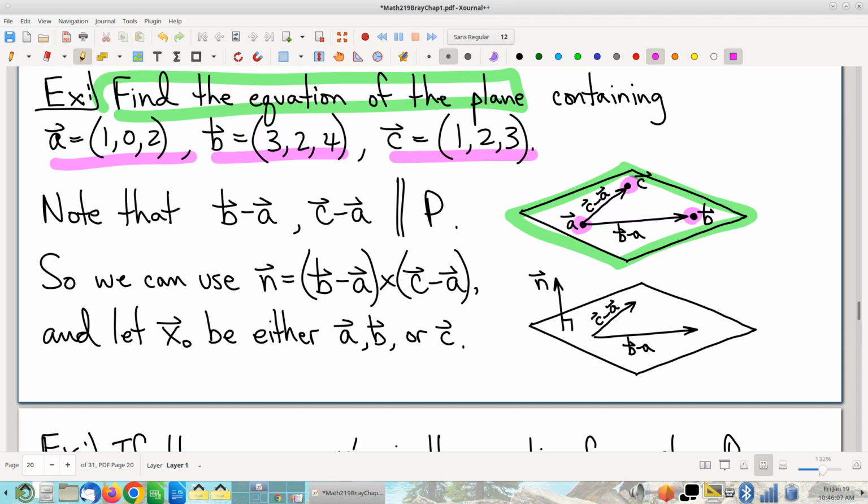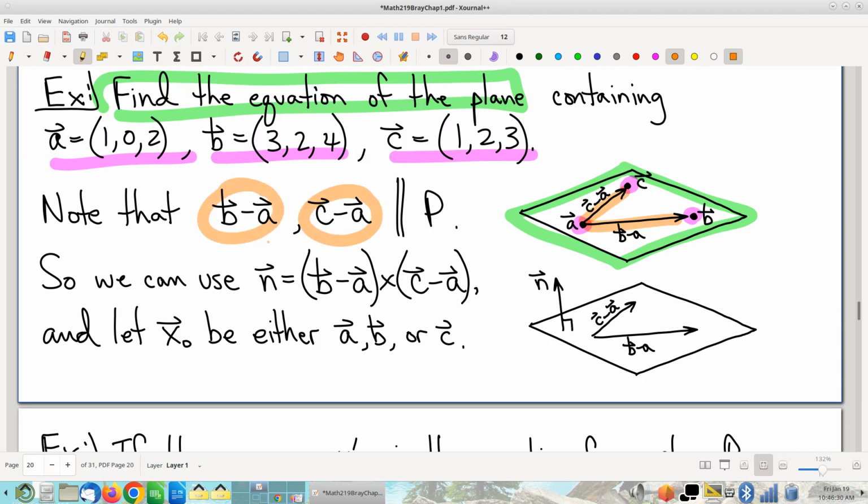So the trick that I'm going to show you here is that you can take this little scenario, subtract one of the points from the other two. Oh, those colors look kind of the same on this. Let me pick different colors. Subtract one of the points from the other two.